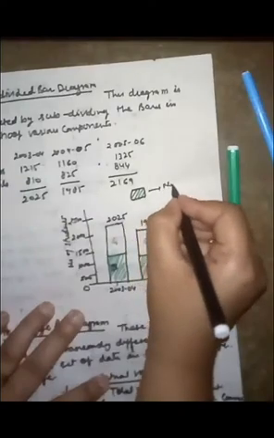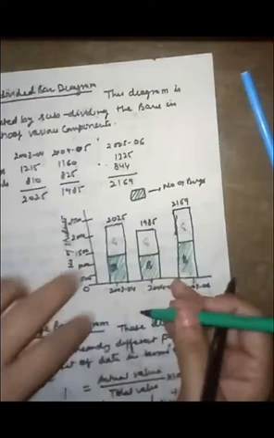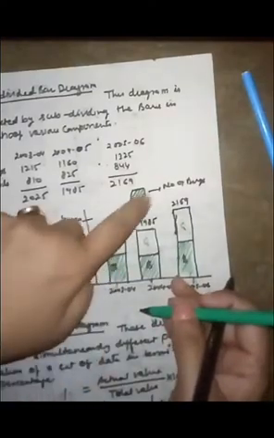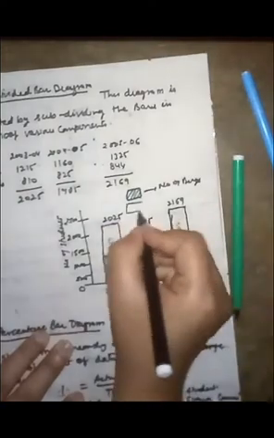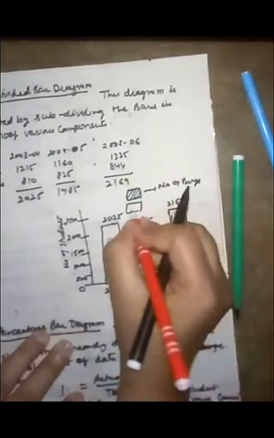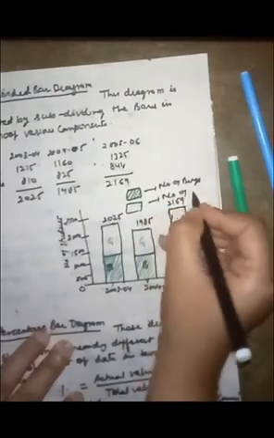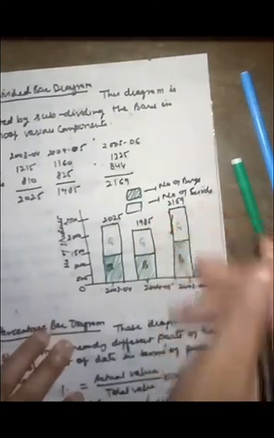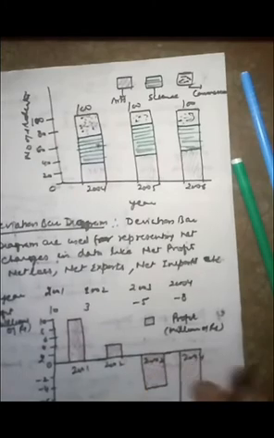This bar indication shows the number of boys. If you don't want to write in the bars, you can show the indication here. Now the second one, if you take dotted, shows the number of girls, right? So this is the subdivided bar diagram.